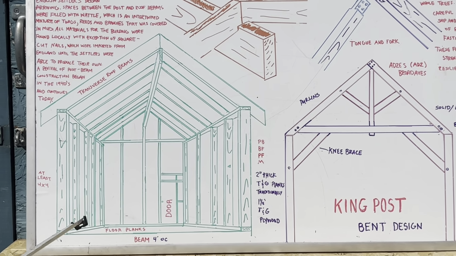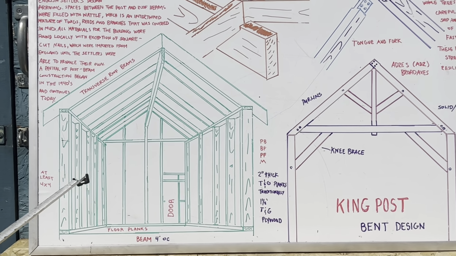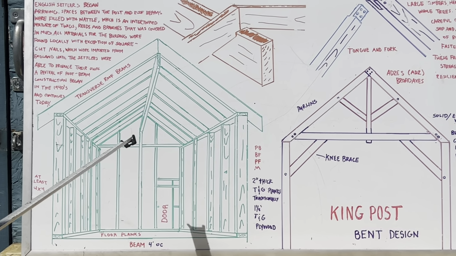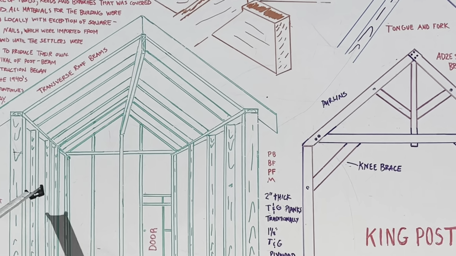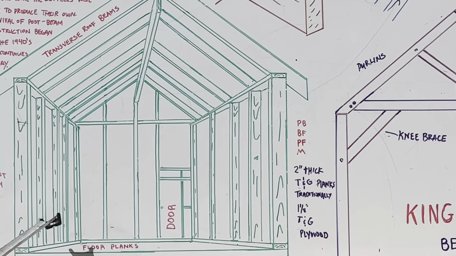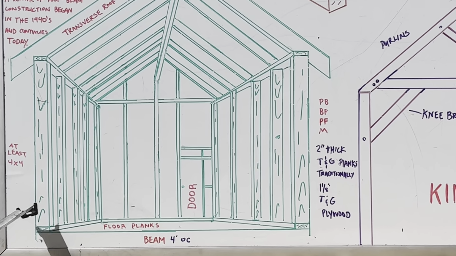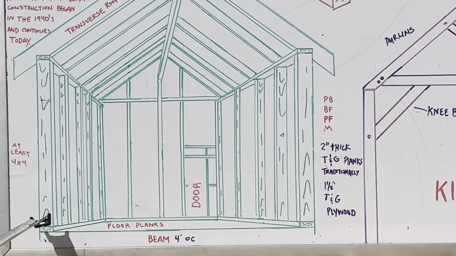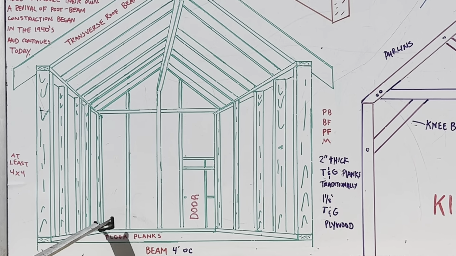Okay, now in order to be post and beam, the lumber had to be at least a 4x4. So these are at least 4x4 posts right here on the exterior walls, okay? Now, if you look closely right here, you can see the 4x4 post is sitting on a 2x4. It's the bottom plate, okay?